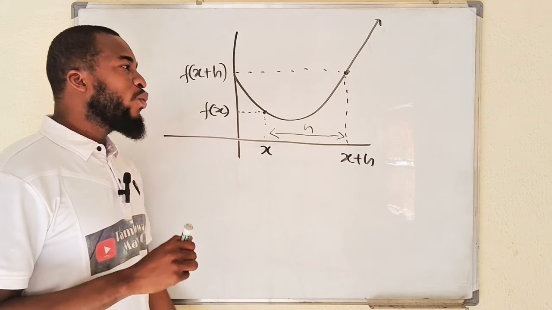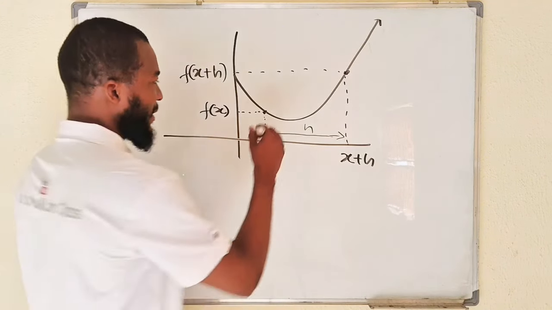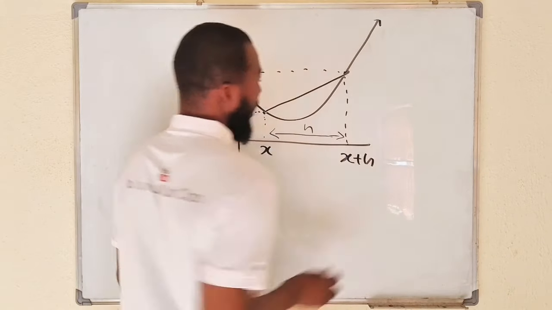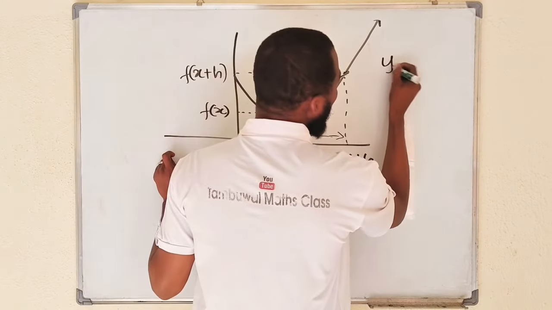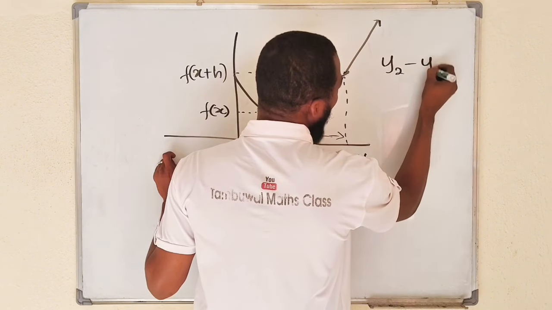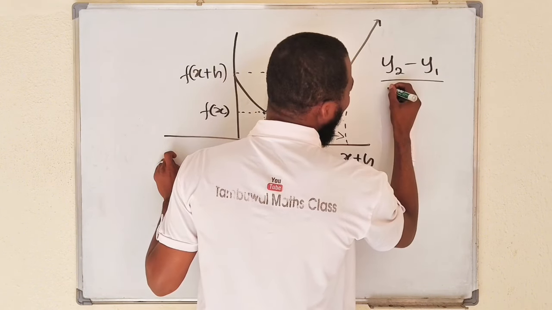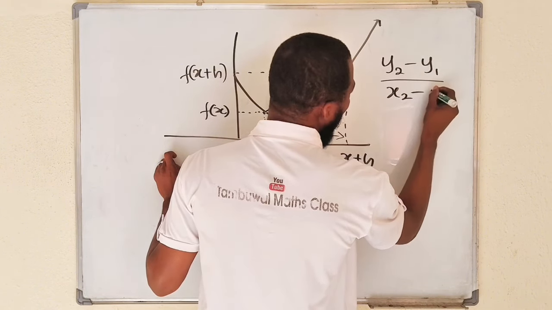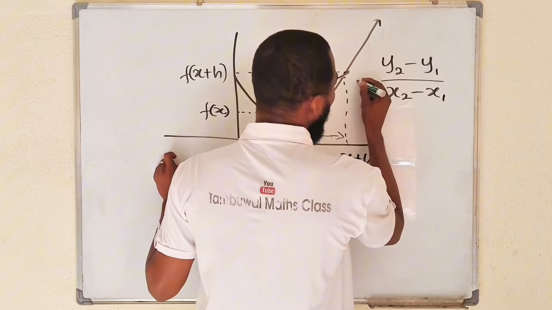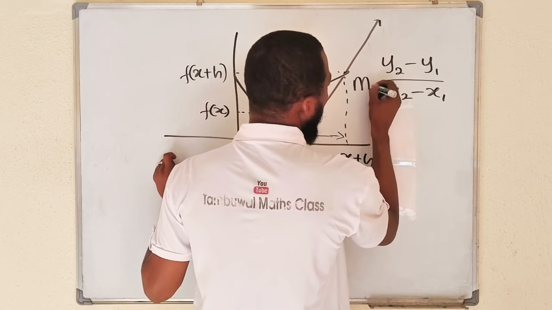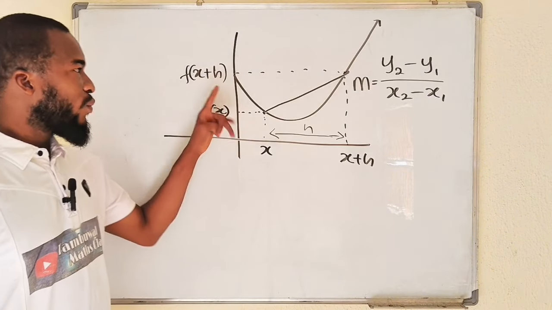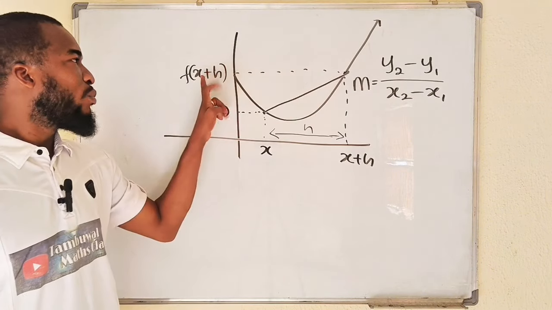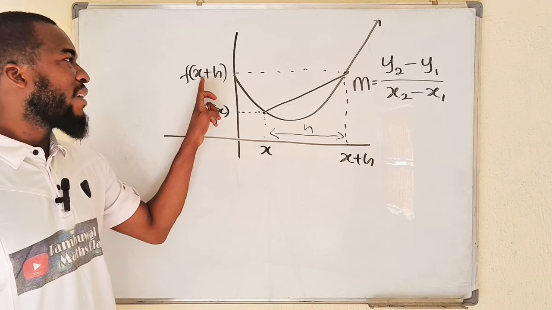All right, so what will be the slope of this line? Remember, the slope of this line will be y2 minus y1 divided by x2 minus x1. This is going to be our slope m. But relating to this one, we have y2 to be f of x plus h, right?